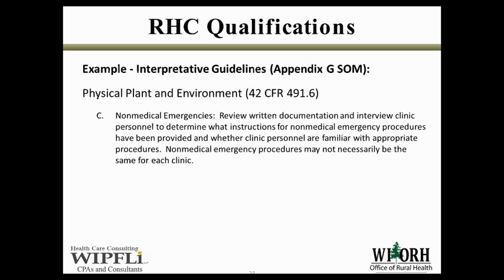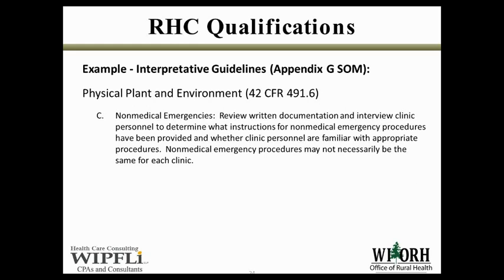As an example, however, we've pulled out one of the particular requirements around physical plant and environment, which is from the State Operations Manual Appendix G. Appendix G of that document states that under the physical plant and environment general standard, there is a requirement that the clinic have policies and procedures around non-medical emergencies.